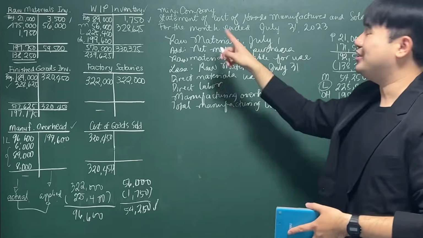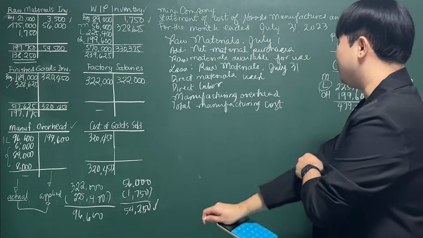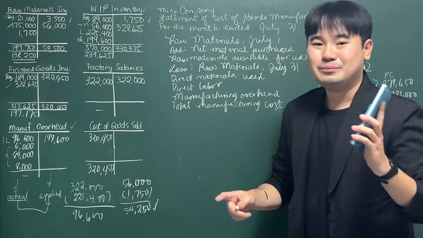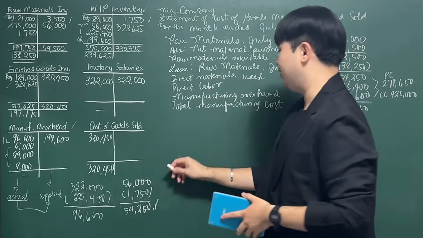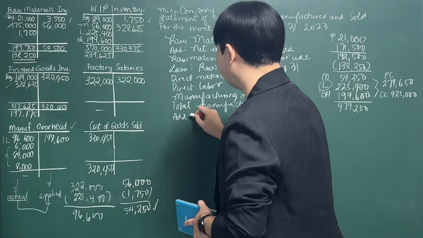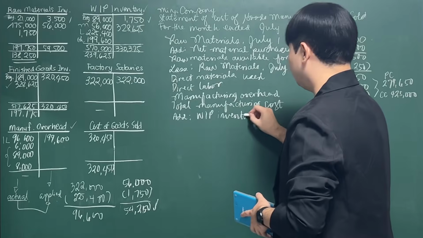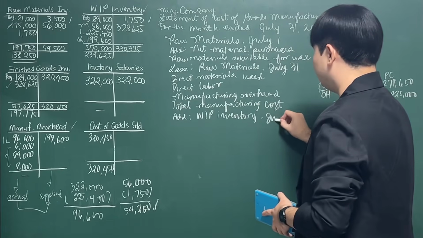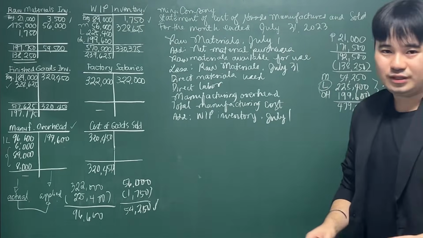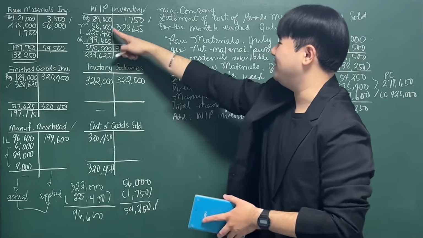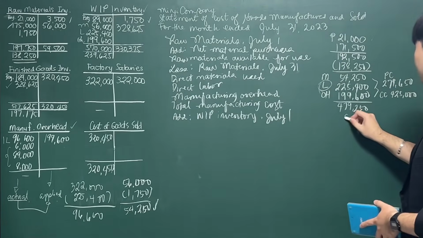Okay, let's continue with your statement of cost of goods manufactured and sold. Now we add the beginning balance of your work in process inventory. So you add work in process inventory at the beginning of your month, which is 89,000.